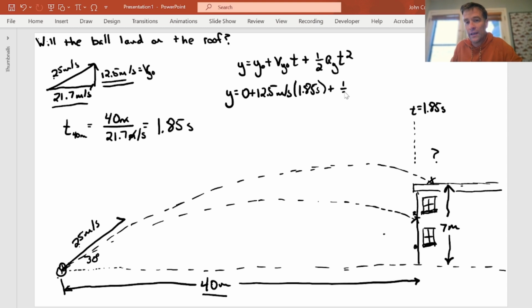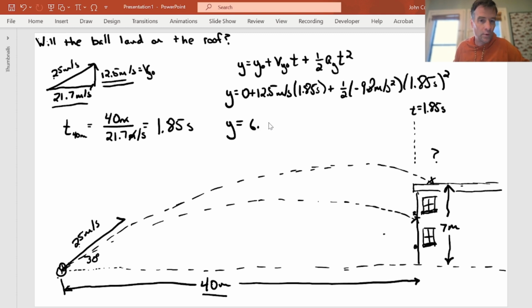Plus 1/2 times a negative 9.8 meters per second squared times 1.85 seconds squared. We get that the vertical position is 6.386, so I'm going to round that to 6.4 meters.